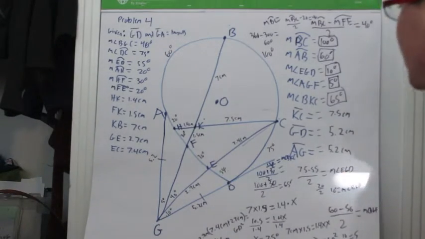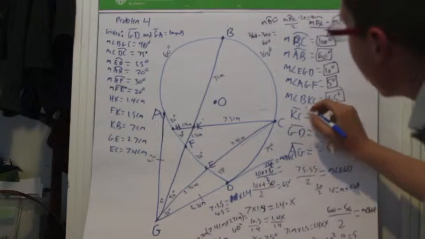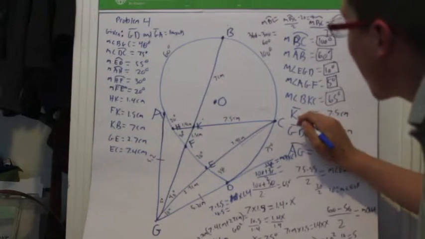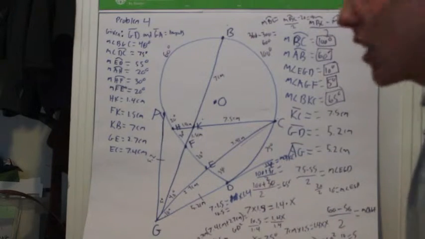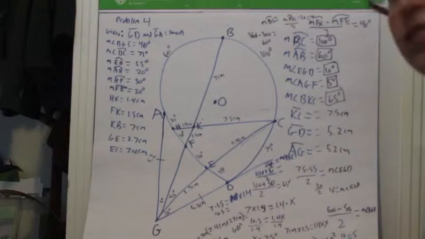Once we know that, we can figure out the length of KC. And how we can figure this out is the theorem of two chords intersecting.